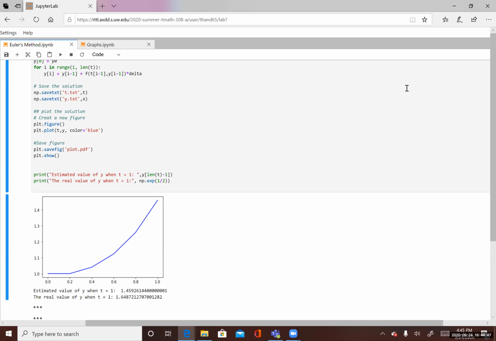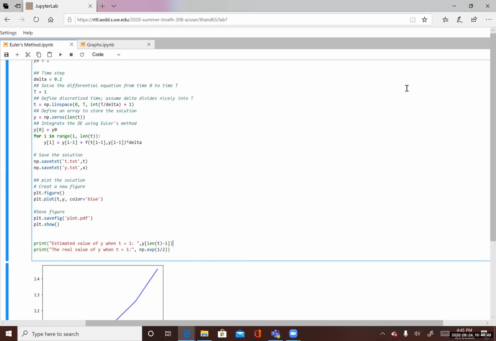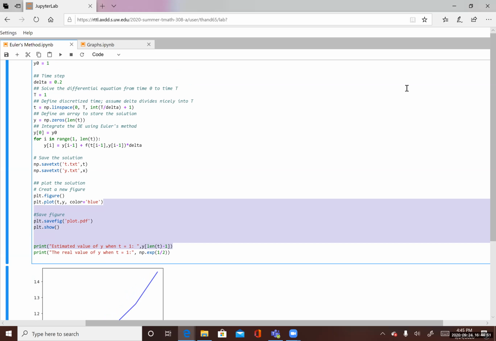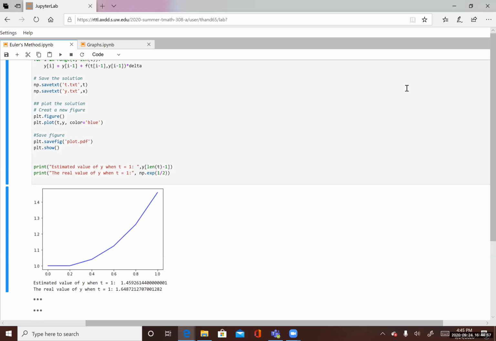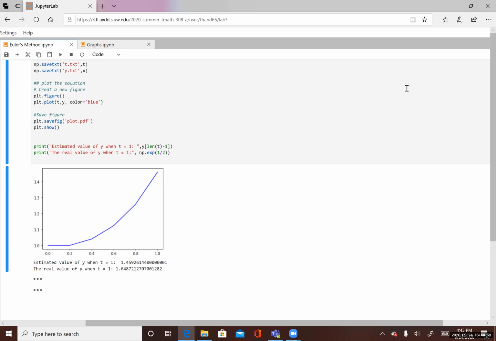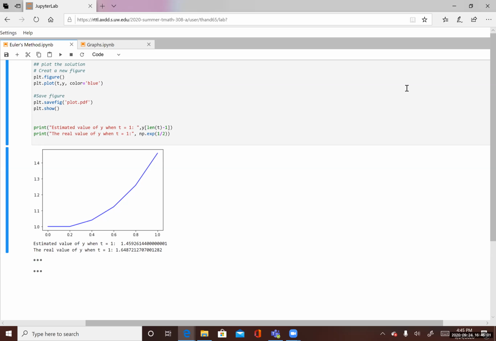For example, in this case, delta here is the step size. I use a step size of 0.2, and as we already manually calculated, the estimated value is 1.49459, and the true value, or the real value, is 1.4687.